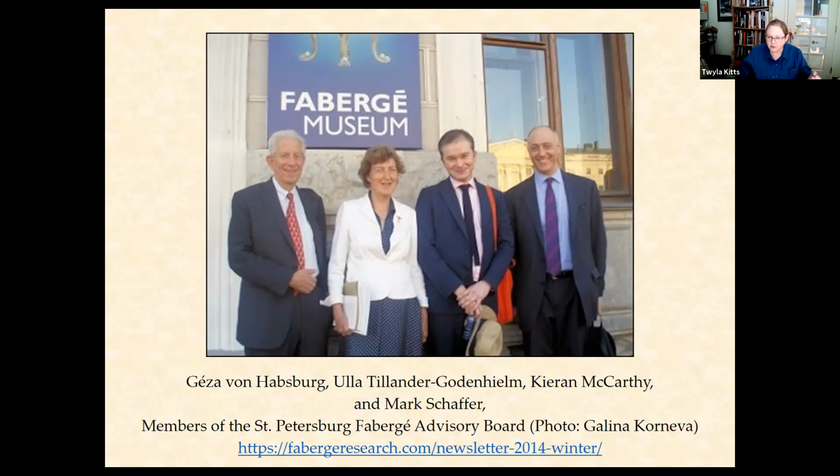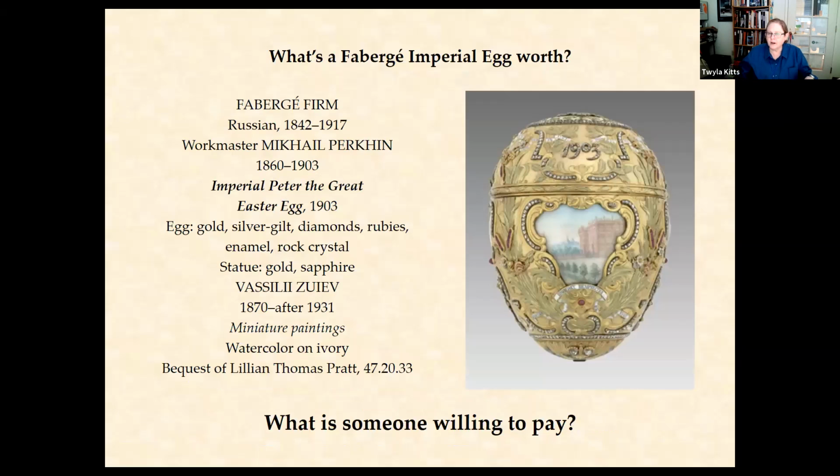And Ulla Tillander-Goldenheim is actually a Finnish lady, and she has done much work on all of the Finnish workmasters who worked directly for Fabergé, which I think is really kind of neat. And they all contribute to the Fabergé Research newsletter, which is kind of amazing.